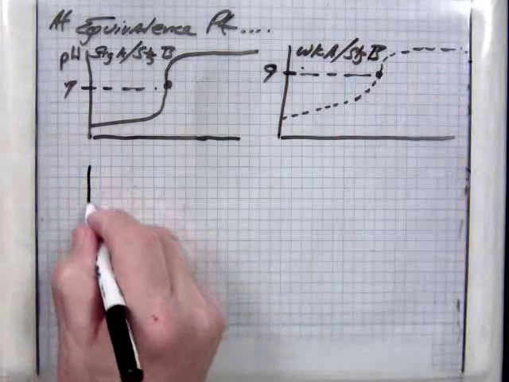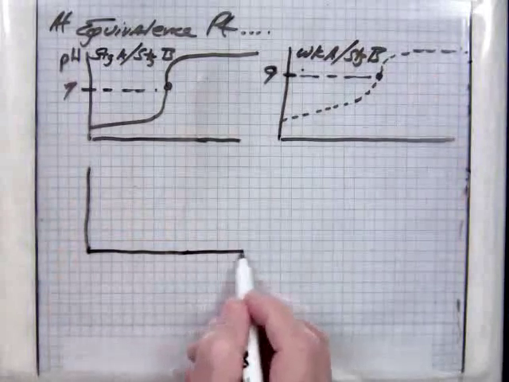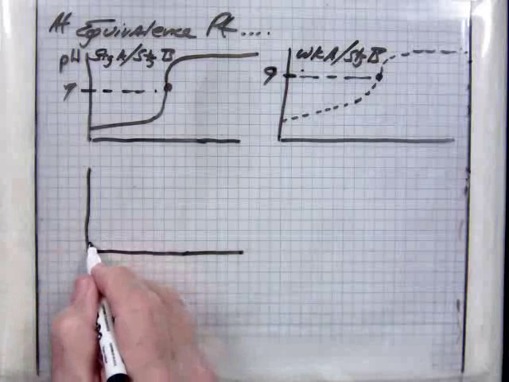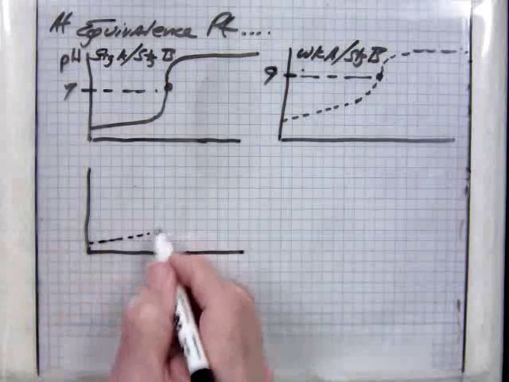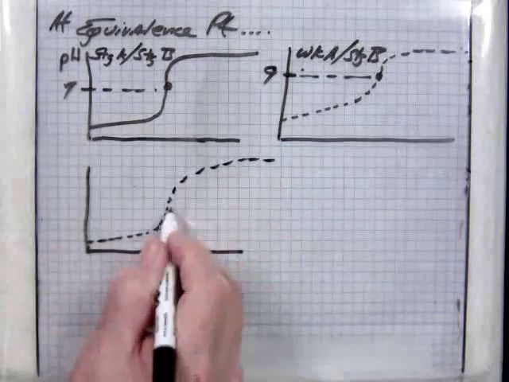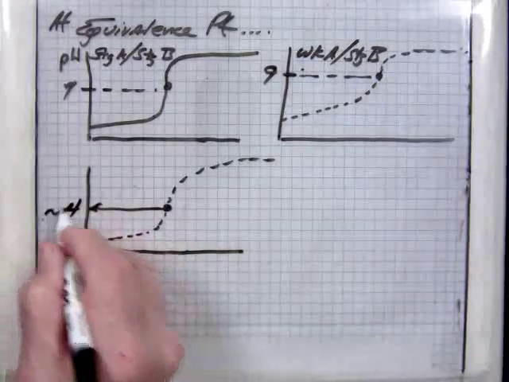For a strong acid, weak base titration, you'll find the equivalence point will be in the acidic range. It'll start off in here, go up, and the equivalence point back over here will be about a 4.